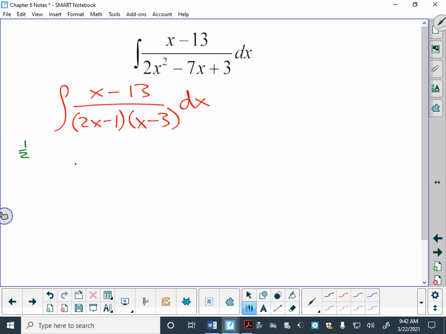So that would give me a 1 half minus 13 over 1 half minus 3. Half minus 13 is negative 12 and a half. 26, negative 25 halves. Half minus 6 halves is negative 5 halves. Negative, negative, positive, flip over, 25 halves times 2/5, cancel, equals 5.